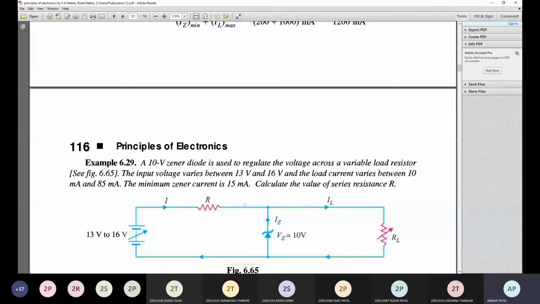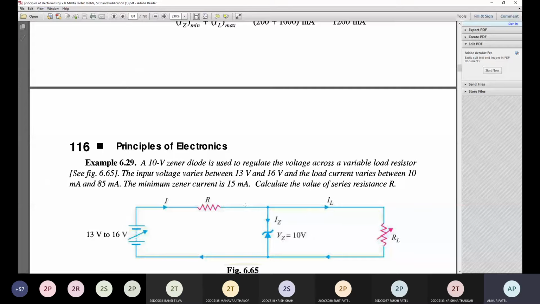The input voltage varies between 30 volt and 60 volt, and the load current varies between 10 milliampere and 85 milliampere. The minimum Zener current is 15 milliampere. Calculate the value of series resistance R.